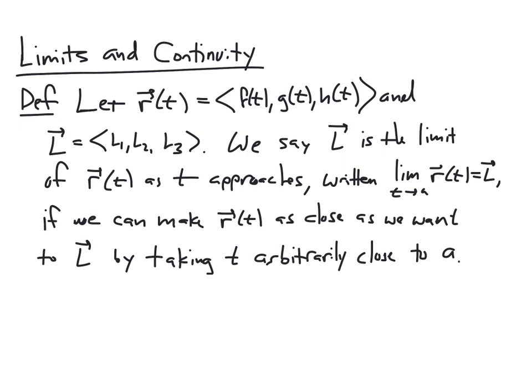Now this is kind of a vague definition, particularly the phrases "as close as we want" and "arbitrarily close." There are ways to mathematically define those phrases using epsilon and deltas. Some of you might have seen an epsilon delta definition of a limit in Calculus 1. You can do the exact same definition here and it makes complete sense.